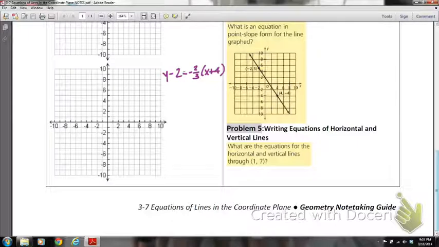So you need to compare that to the point slope form of your equation of a line, which is y minus y1 equals m times x minus x1, where m is the slope and the x sub 1, y sub 1 is a point on the line. So here, the slope of this line is going to be a negative 2/3. Now your negative can go with the numerator or the denominator, one or the other. So I'll let that one go with the numerator.